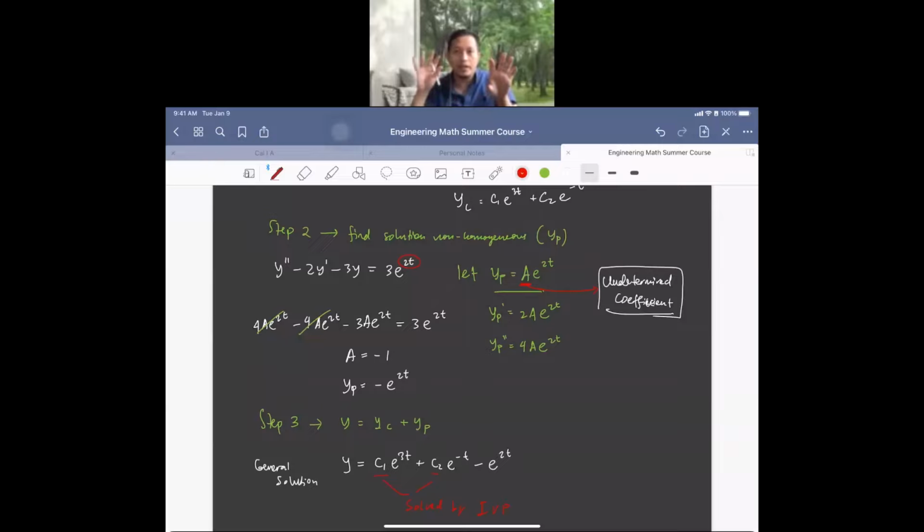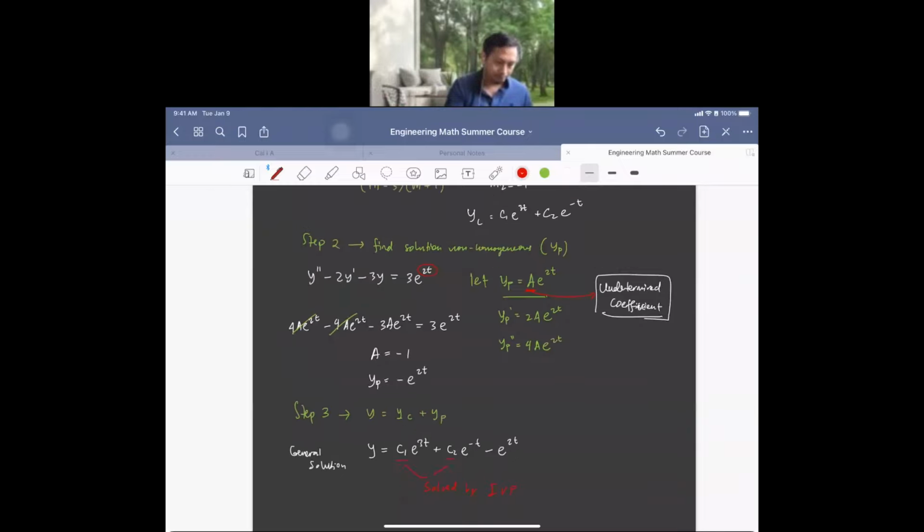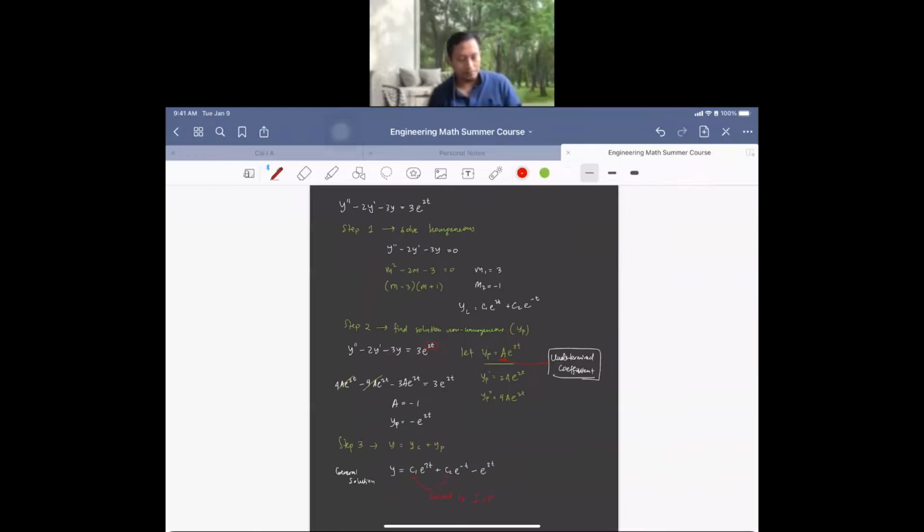So the general solution for non-homogeneous will always include the complementary solution for the homogeneous one, and the particular solution for the non-homogeneous, and the whole thing becomes our general solution.